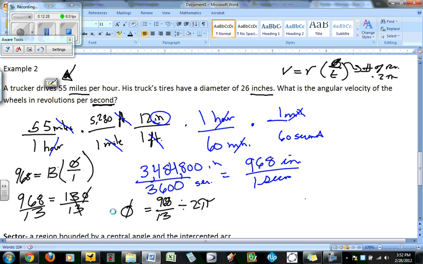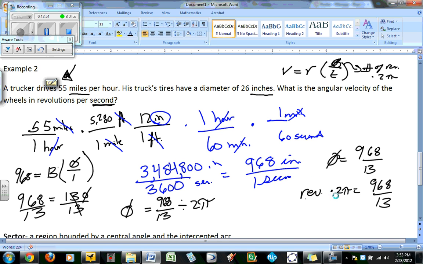So all of a sudden I have theta equals 968 over 13. But we want to solve for revolutions. So if we just say revolutions times 2 pi equals 968 over 13, because that's what theta is, revolutions times 2 pi. We want to know what it is in revolutions per second.